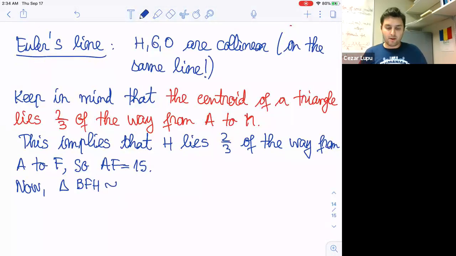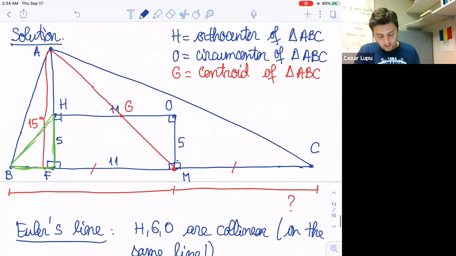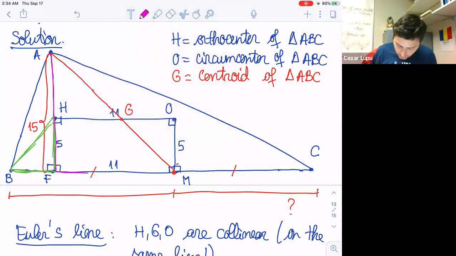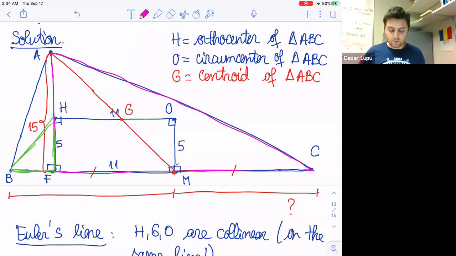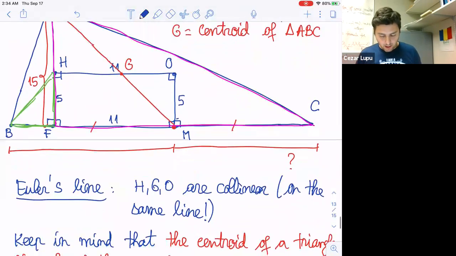Let me use a similarity again. This will be similar to what triangle? Well, if you can see, this is similar to this triangle, AFC. We look at this triangle, AFC, because I can get some information here. So these two triangles are similar.